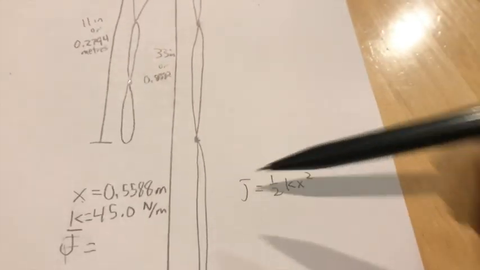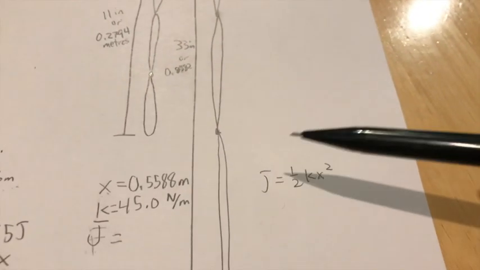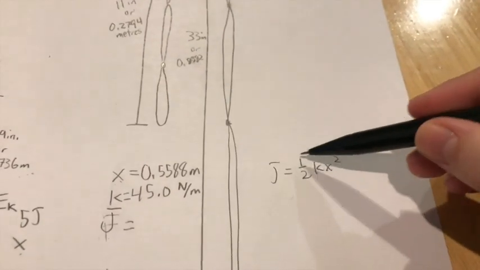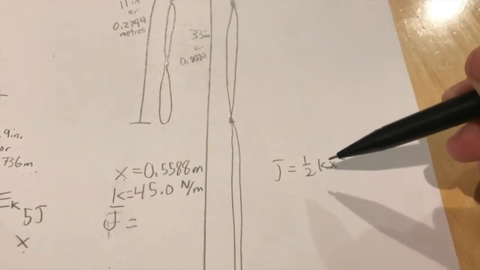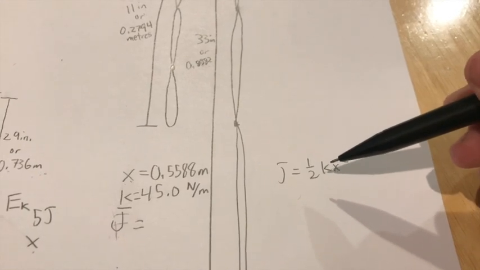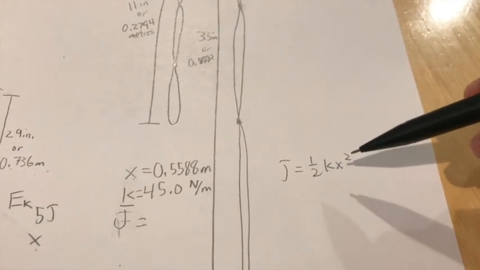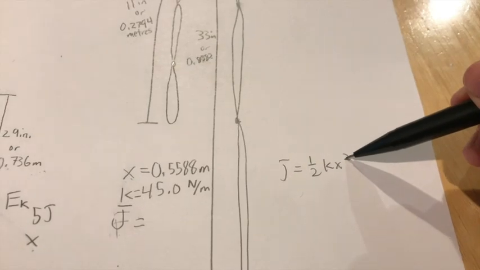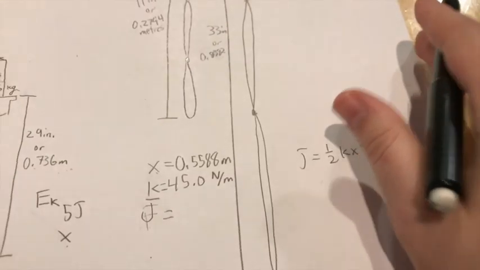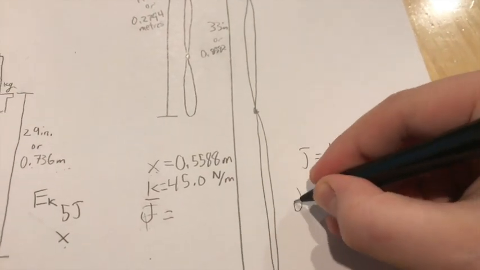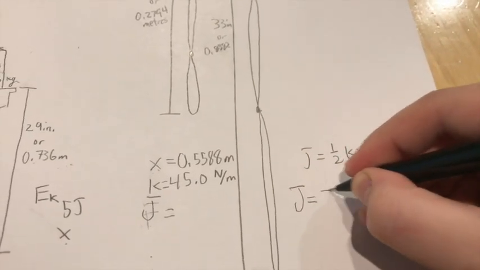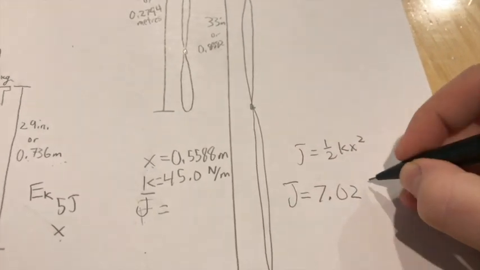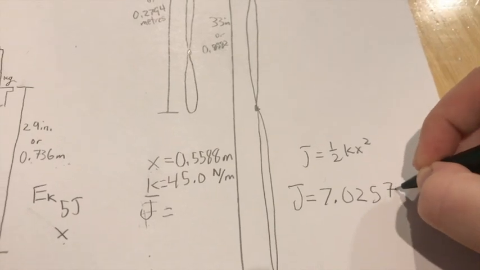So the equation for the spring potential energy is, the energy equals 1/2 of the spring force constant times the spring stretch length squared. So after doing that with quick calculations, what I get is that the spring force potential energy is 7.02579.